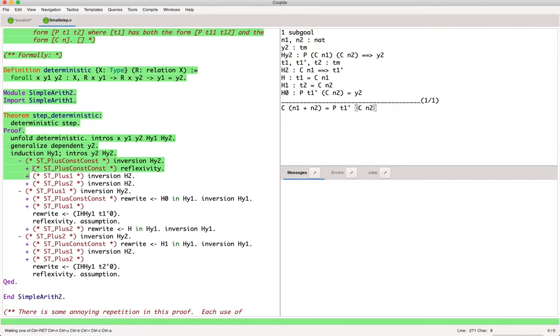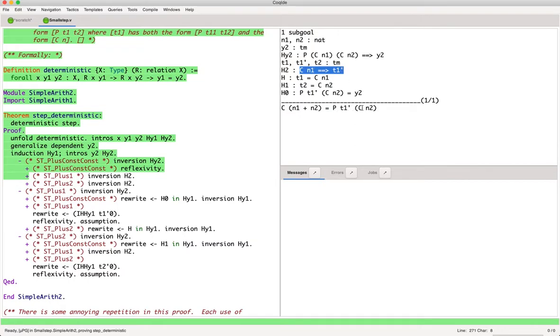And this is the case where one of them is using the plus const rule, which gives us this, and the other one is using a rule that says we're going to step the left-hand side, right? And in fact, that doesn't really work anyway. So we can see, for example, here, that's a dodgy one. So that's saying that the left-hand side is Cn1 and it steps to T1 prime.